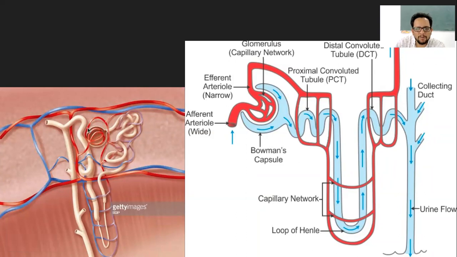That Bowman's capsule will receive the filtrate from the glomerulus, and it will pass down through the renal tubule, and finally it will enter the main collecting duct. We'll see all these structures. As of now, what you need to remember is that the renal corpuscle consists of the glomerulus and the Bowman's capsule, that is the cup-shaped object.